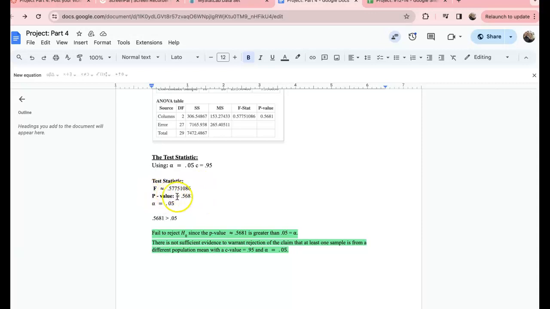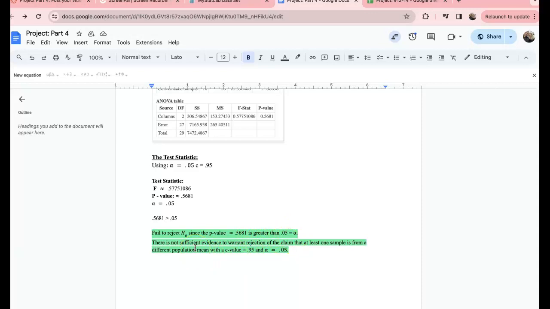Our p-value is approximately 0.5681, again using alpha 0.05. And here we can see that the p-value is greater than alpha, so we concluded with fail to reject H0, since the p-value, approximately 0.5681, is greater than 0.05 alpha.